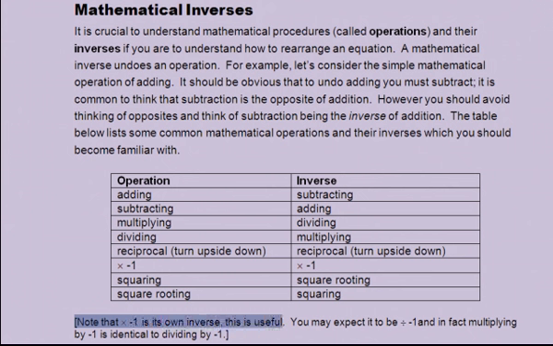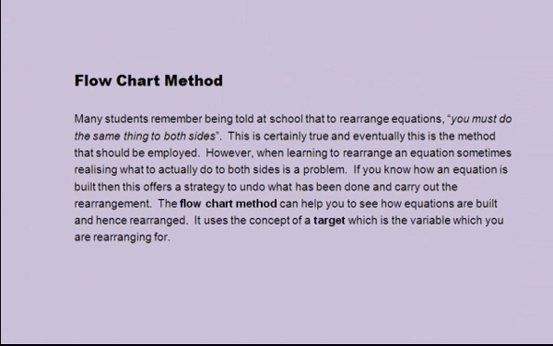This is useful. You may expect it to be divide by minus 1, and in fact multiplying by minus 1 is identical to dividing by minus 1. The inverse of the operation of squaring is square rooting, and the inverse of square rooting is squaring. There we go.